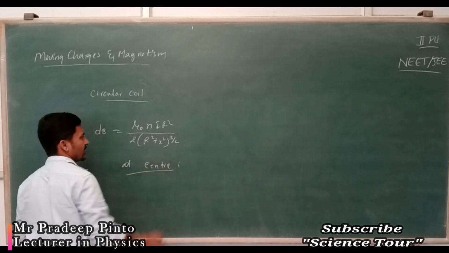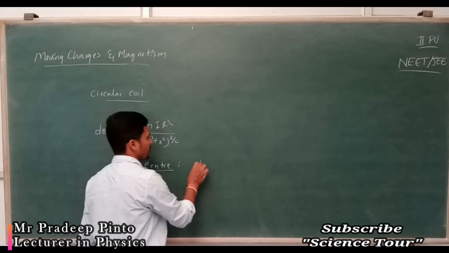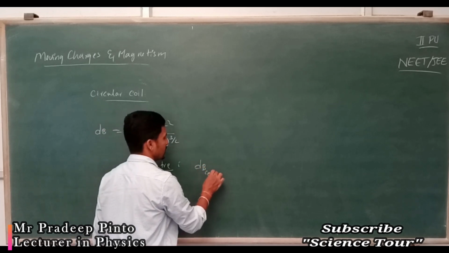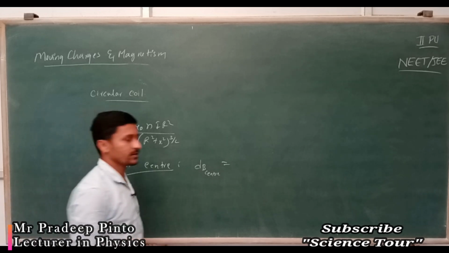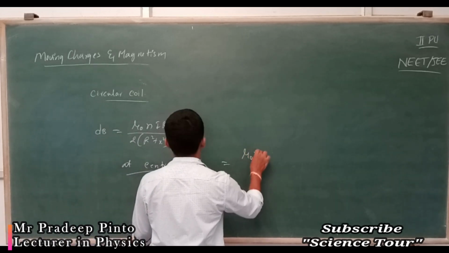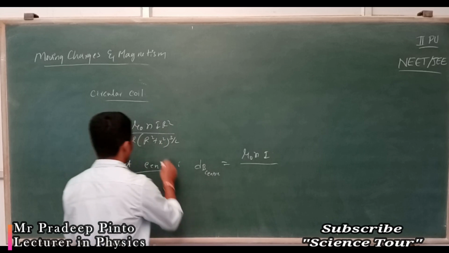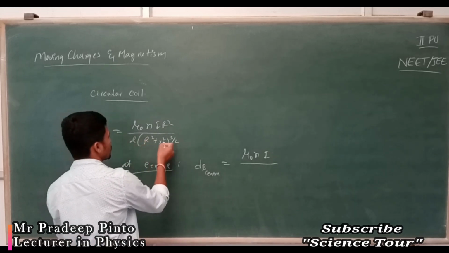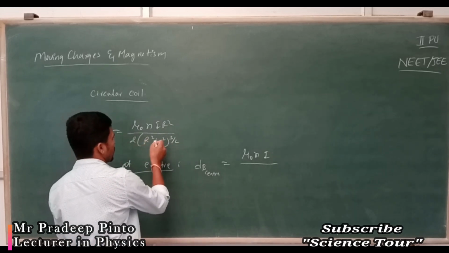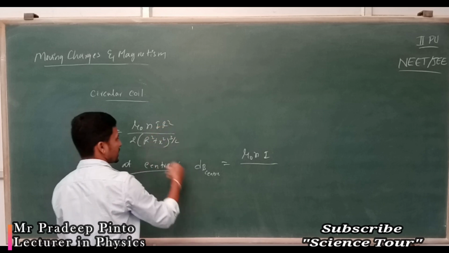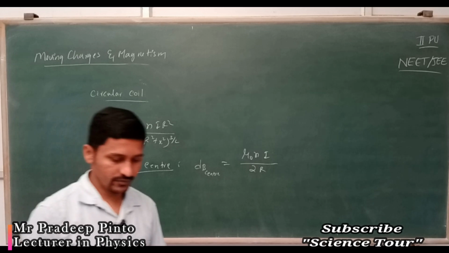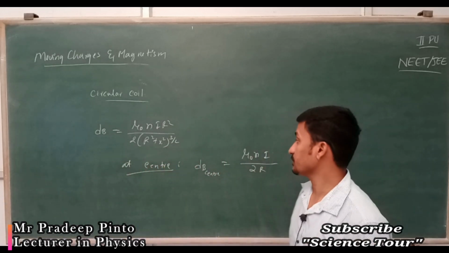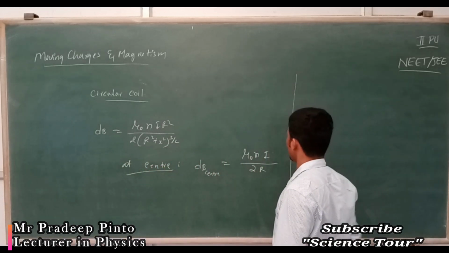Very important, at the center you are going to get the magnetic field due to this circular loop, which is nothing but mu naught n I by 2r. Okay, the x becomes 0, 2 cancels, so r cube and r square cancel, you are going to get 2r. So very important, that is for the continuous loop.